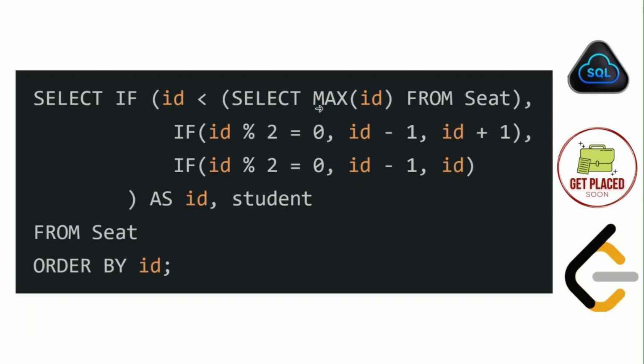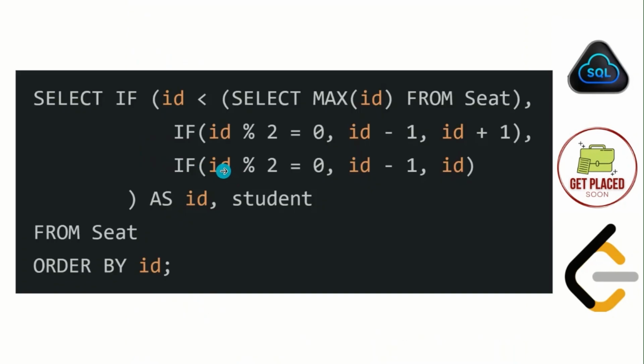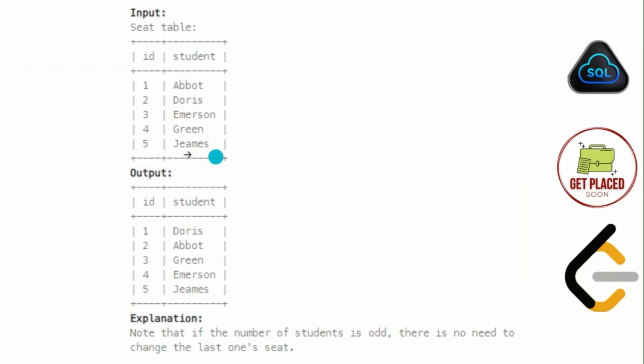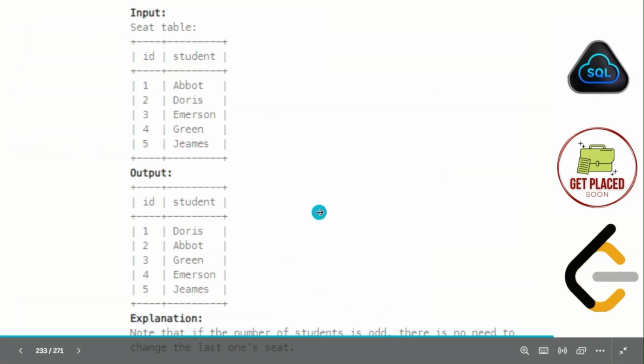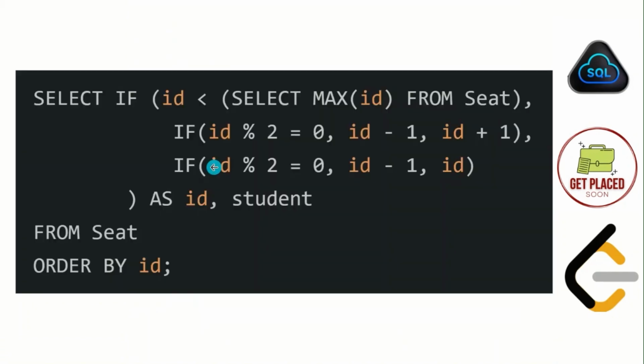Now, what if the ID is not less than the maximum? If the ID is the maximum ID, like James here, where the fifth is the maximum, what do we do for James? We check whether 5 is odd. If it is odd, we keep it as it is. James will not change position. If the maximum number is even, for example, if after 5 there is another row 6, then similarly id minus 1 swaps with the previous odd.